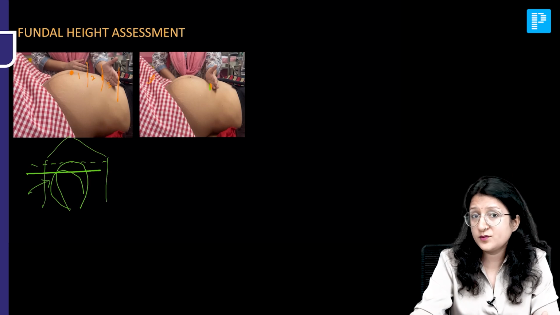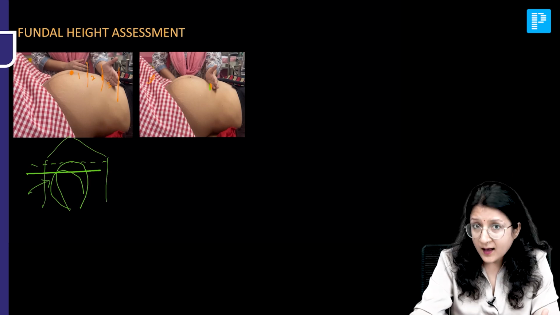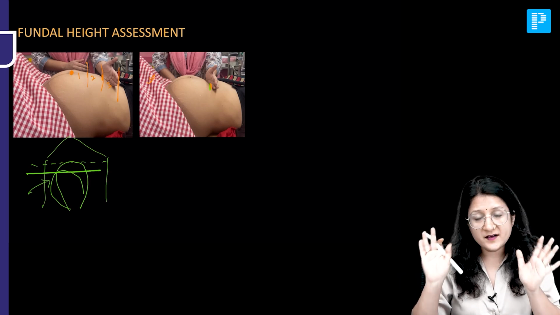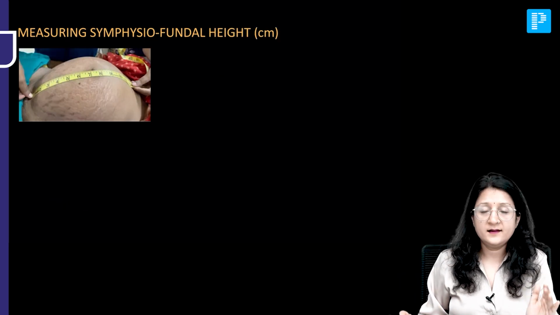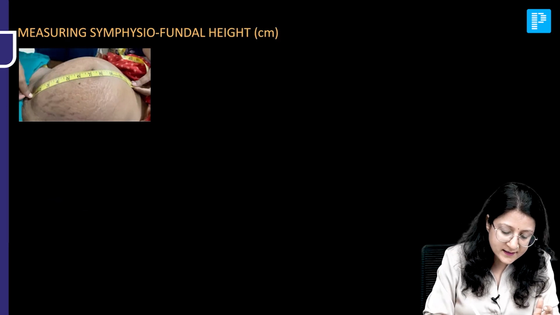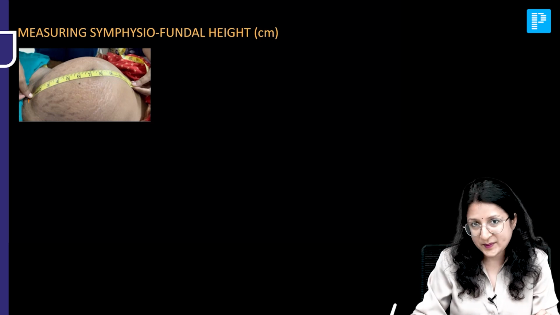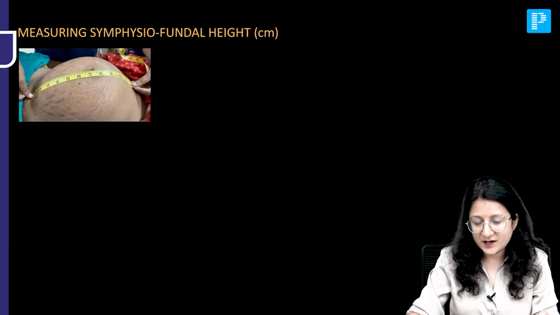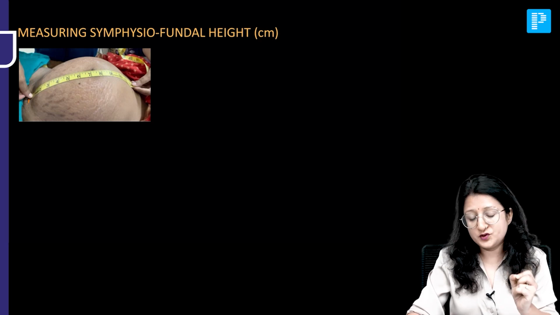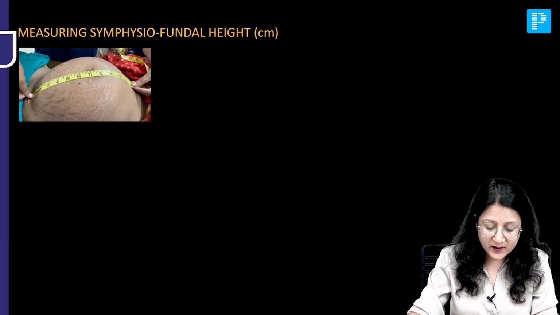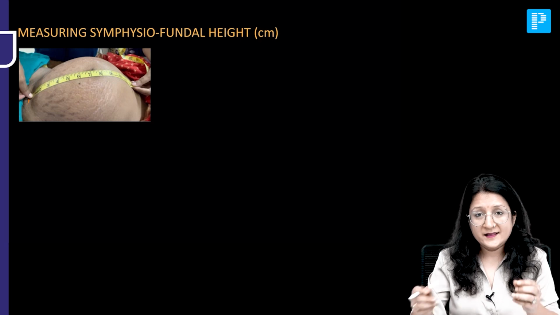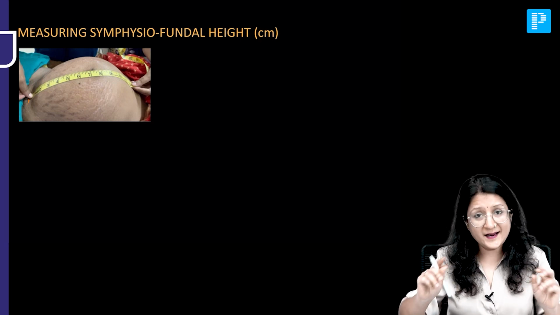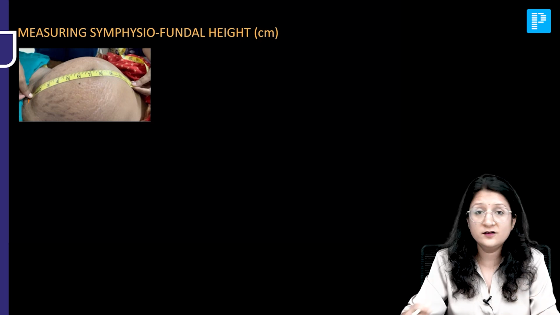In front of the examiner, if they ask you to demonstrate, ask the woman to straighten her legs, because then it becomes easier to place the inch tape onto the pubic symphysis correctly. As you can see in the image, the inches side is facing you and the centimeters side is hidden from you.